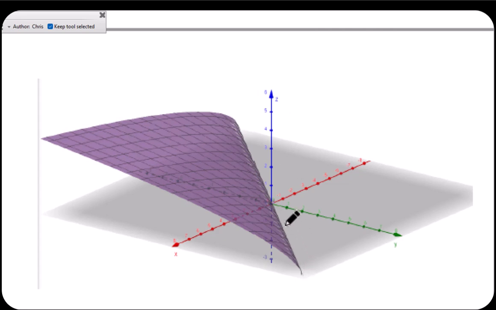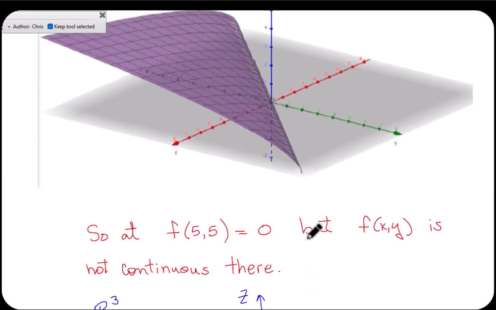All along this line, the function is 0. But if I picked points on this side, it's defined. But if I'm over here on this side, it would generate a complex number. And so if I'm on that particular line, then I'm not going to have another side. So at (5, 5) it is 0, and it's not continuous there.